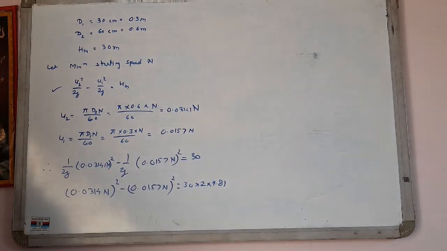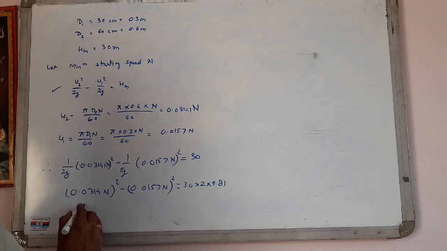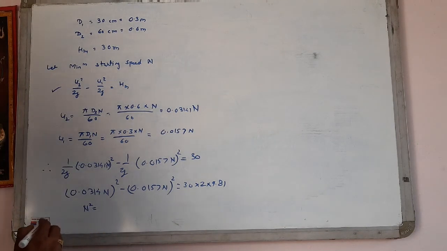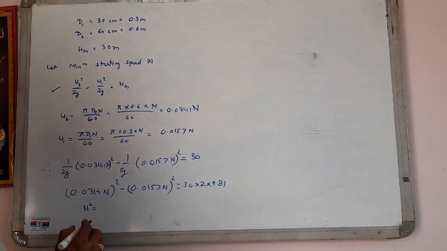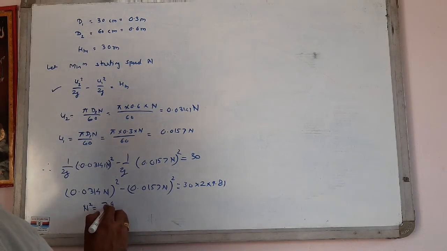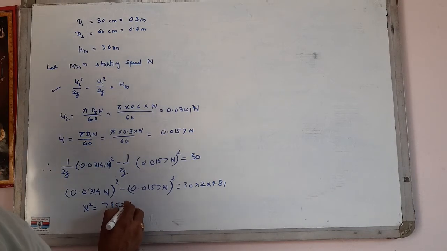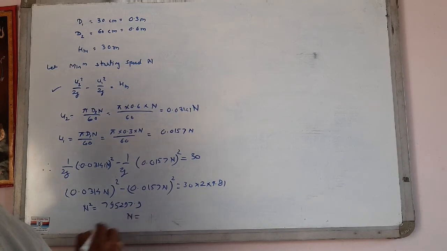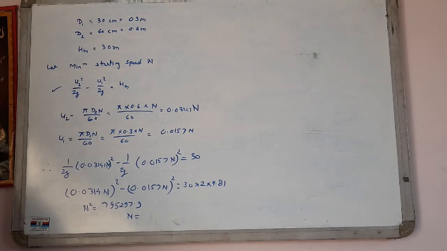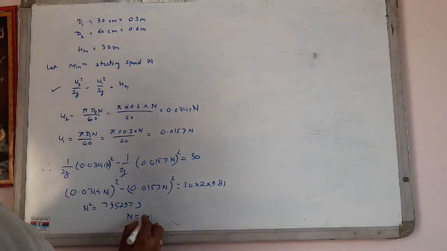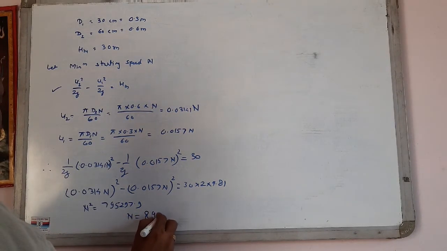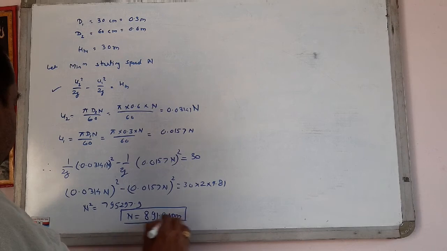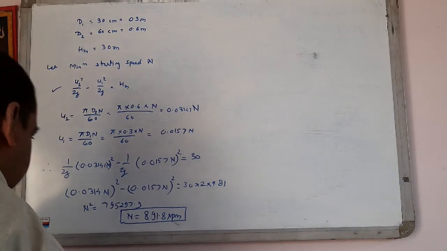So the value of n square is equal to 795297.9. So the minimum value of speed for starting this centrifugal pump is 891.8 rpm. 891.8 rpm is the value of n for this pump.